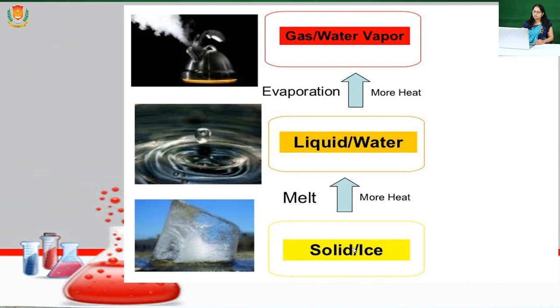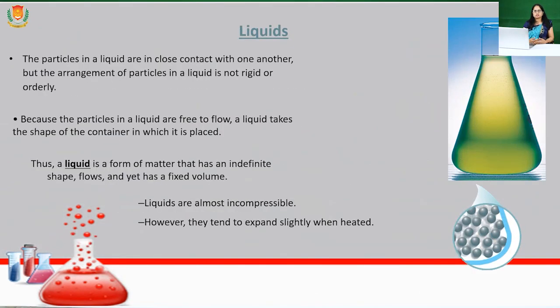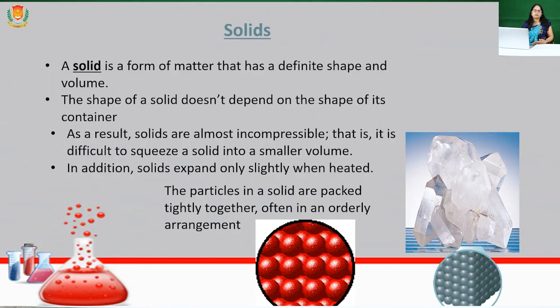In the next class we will start the different properties of solids, in which we study the different arrangements of solids, like face centered cubic structure, simple cubic structure, and body centered cubic structure.